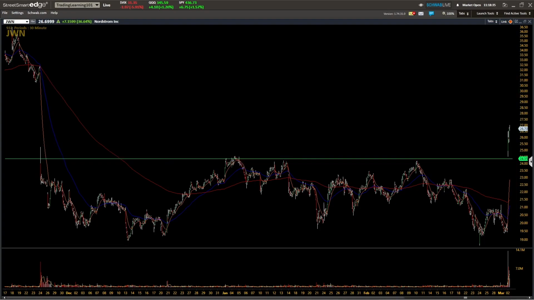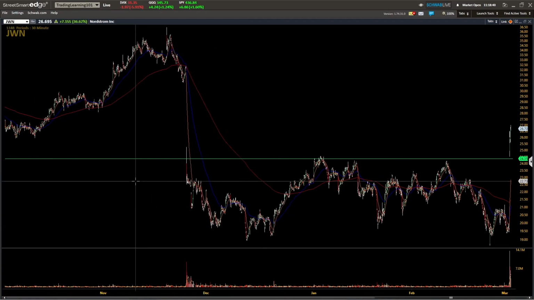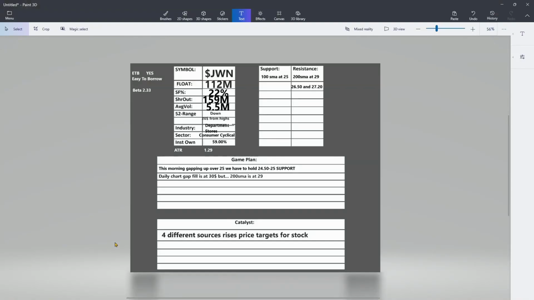These are the types of questions you got to ask yourself pre-market when making your watch list. Does the reward significantly outweigh the risk? Does it make sense? And by doing this and writing all of this stuff down, all of the key information, is it easy to borrow? The beta, the float, short float is 22%.